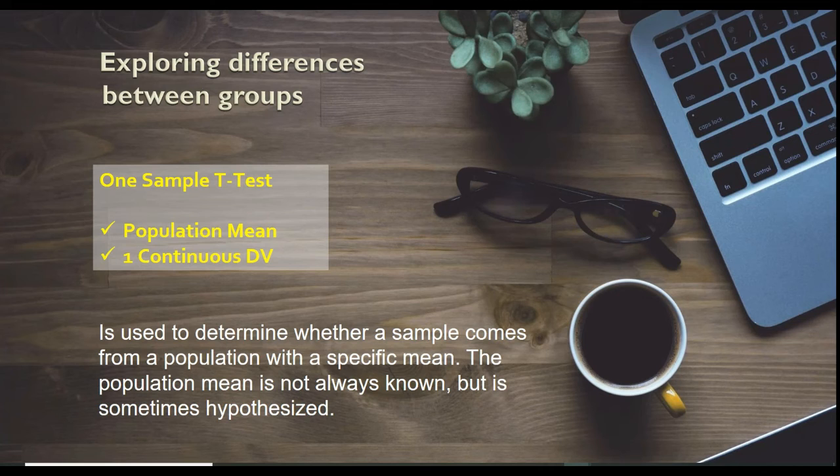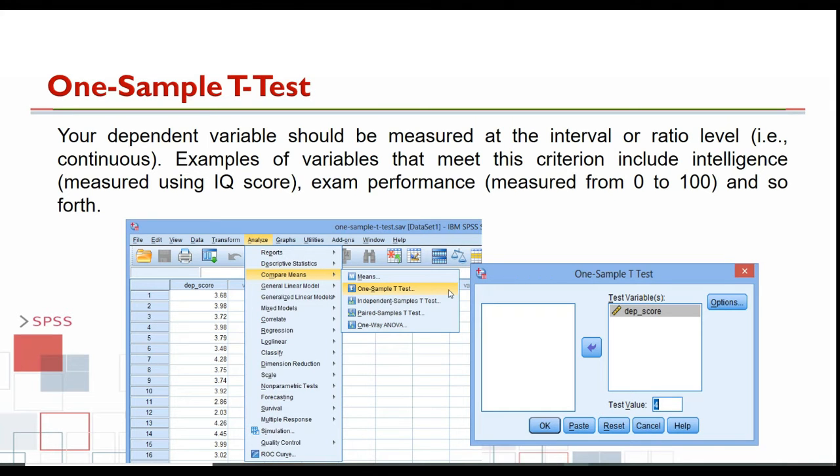All right? Okay. Let's start with one sample t-test. Your dependent variable should be measured at the interval or ratio level, should be continuous. Examples of variables that meet this criterion include maybe IQ or maybe exam performance, all of your continuous variables. In order to run one sample t-test, you need to go to analyze, compare means, and one sample t-test.